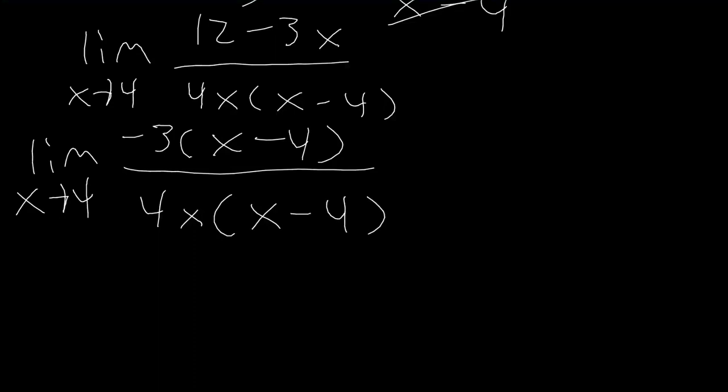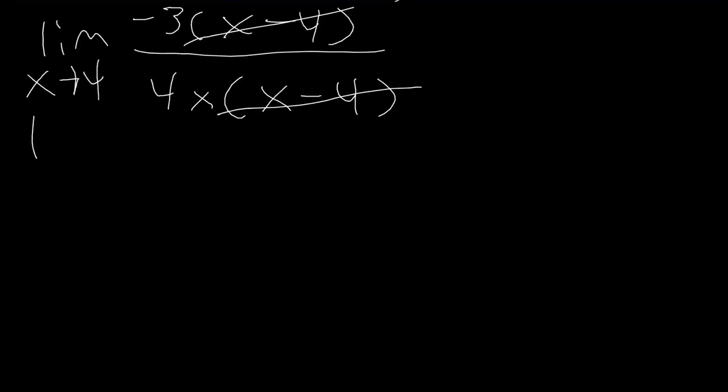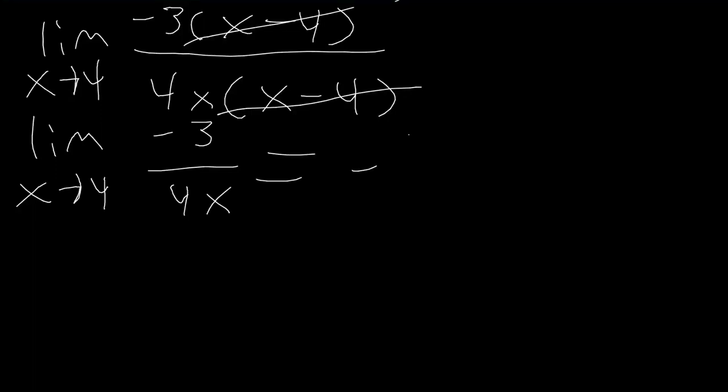And now we can just cancel the x minus 4s, and we're going to have the limit as x approaches 4 of negative 3 over 4x. And then if we just plug in a 4, we're going to get negative 3 over 16, which is equal to f prime of 4.